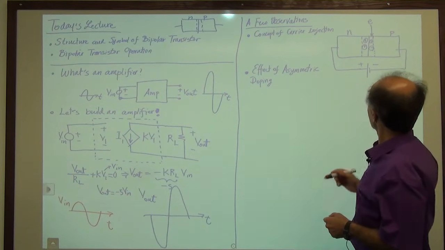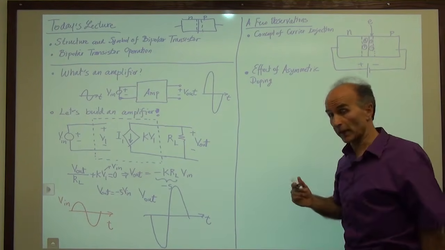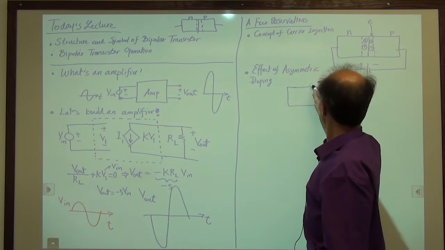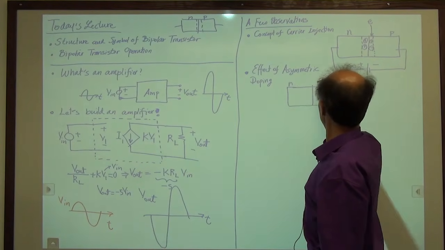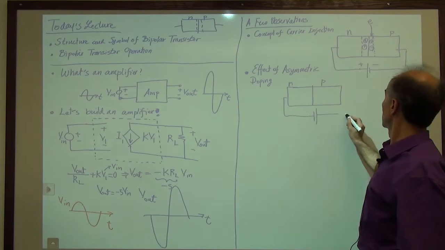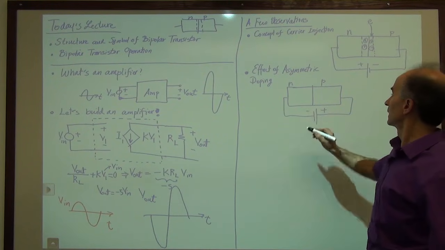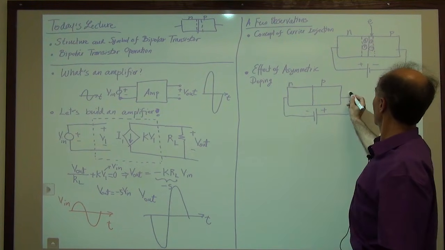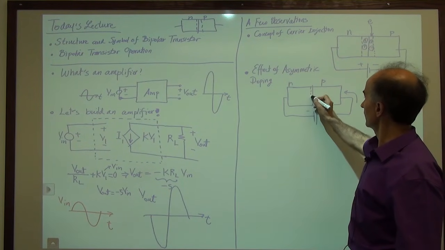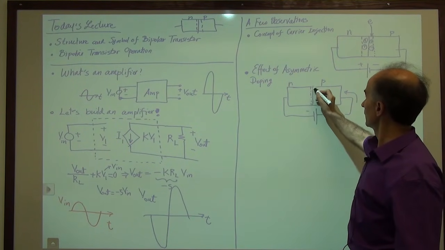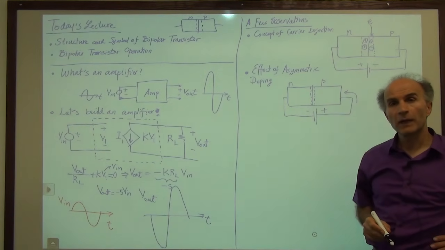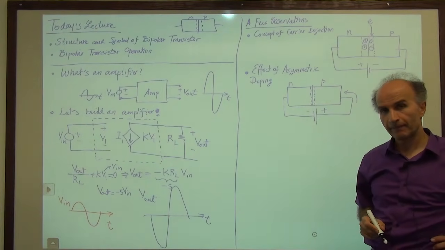So let's take a p-n junction and this time forward bias it. So we have a p-n junction, and N here, P here. We forward bias it using a battery. And of course we have a current flowing this way, right? The current is circulating like this. And we still have a little bit of depletion region, but don't worry about that too much. Okay, so we have a forward biased junction.